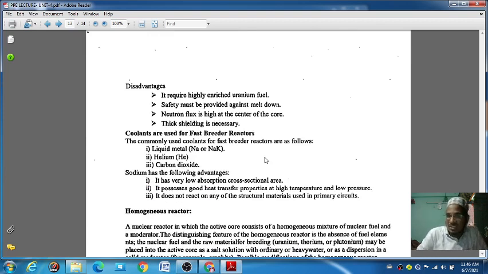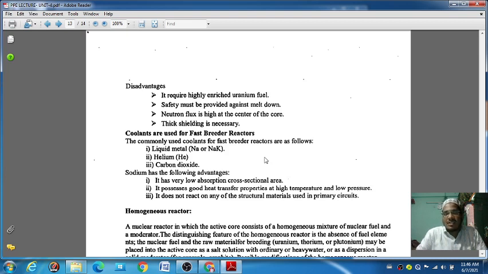So now the disadvantage, here we are discussing the disadvantage. Every reactor has some disadvantage, but compared to the others, this is a smaller one. It requires high energy uranium fuel.